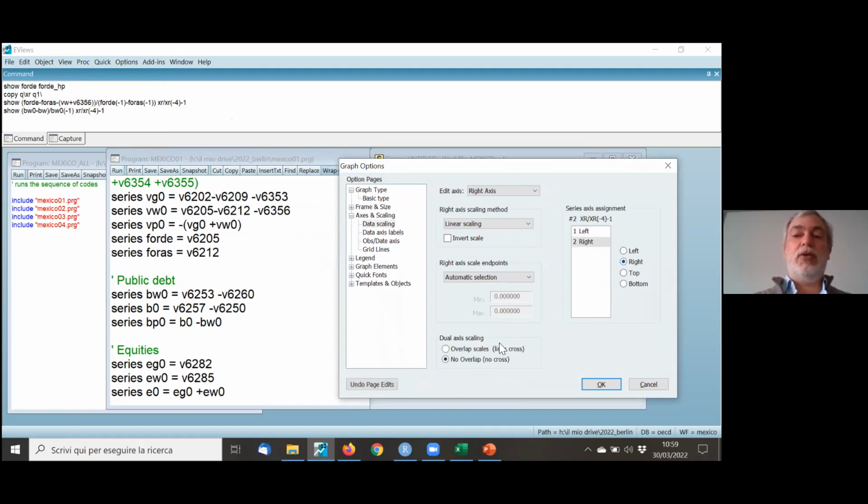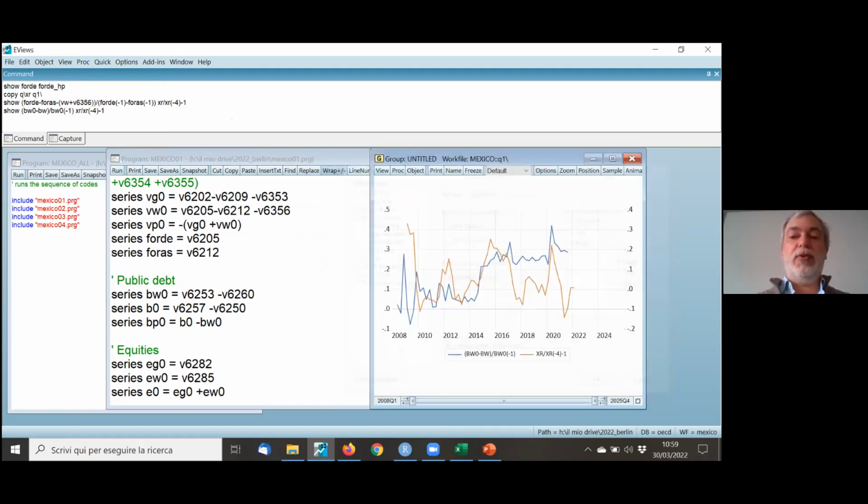Here I'm using two scales for the two variables. And here we may have something that's not so clear, that the blue line can be completely determined by the changes in the exchange rate.